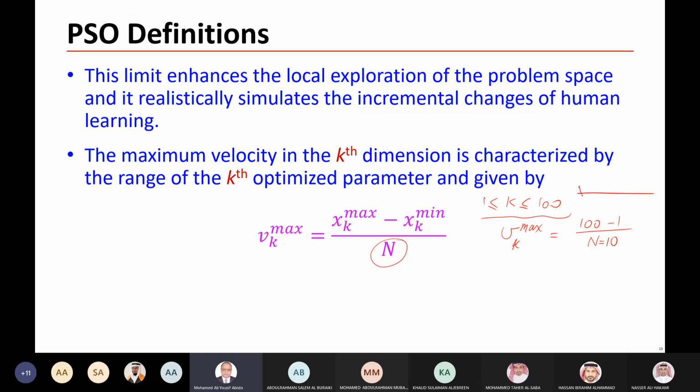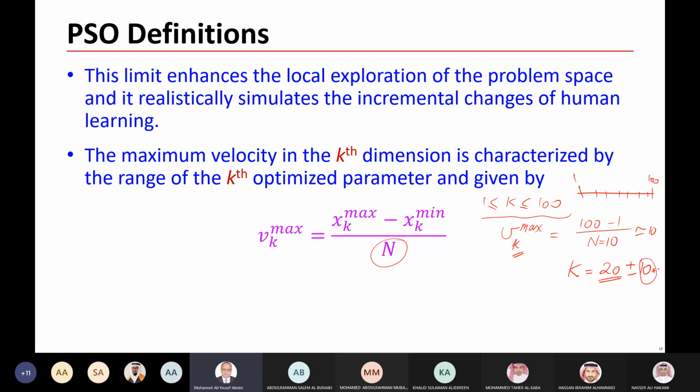So I divide the range into 10 intervals. So the maximum velocity could be approximately 10. If you have, in one solution, k equal to 20, this 20 can move up or down by 10. 10 is the maximum limit.